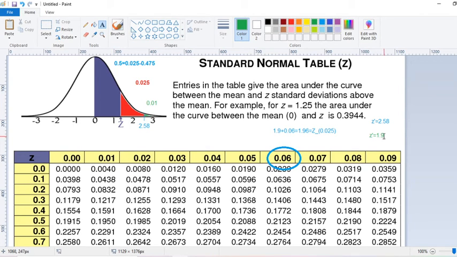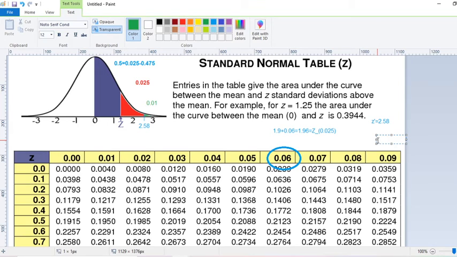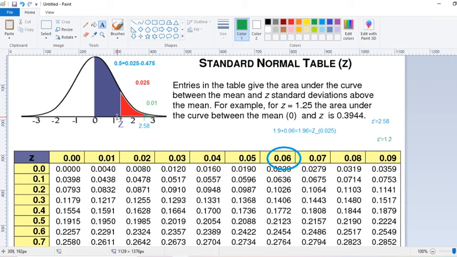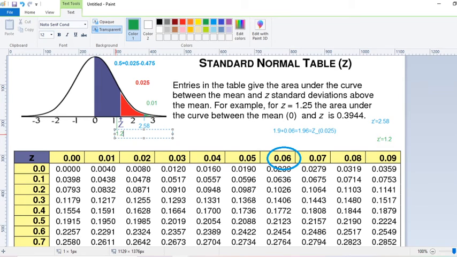Or suppose we take z dash equal to 1.2. Where is 1.2 situated? 1.2 may be somewhere here.